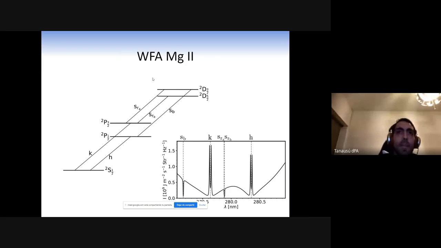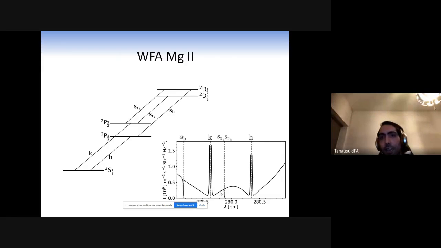So let's go atom by atom. First, we have the magnesium. This is the level structure of the magnesium atom. It shows the lower level, and the first excited levels are the upper levels of the H and K lines. We also include the subordinate lines because they are in the same spectral region.